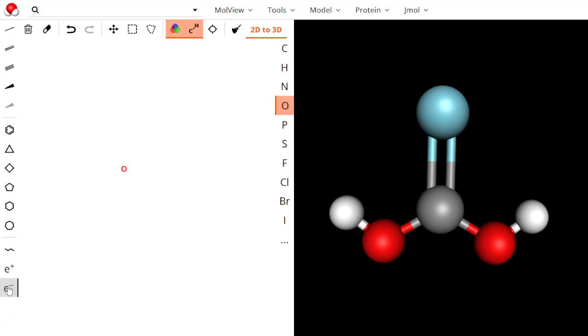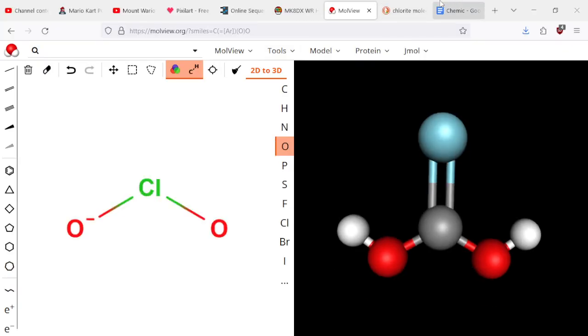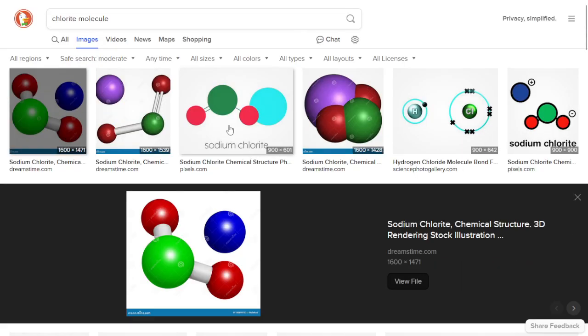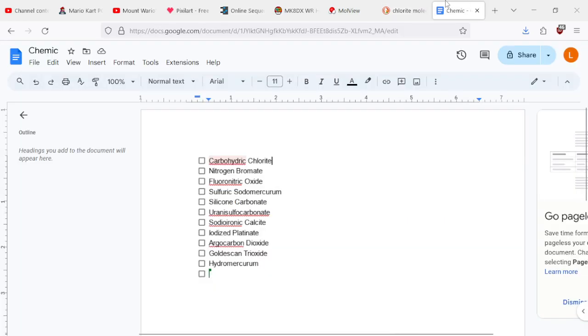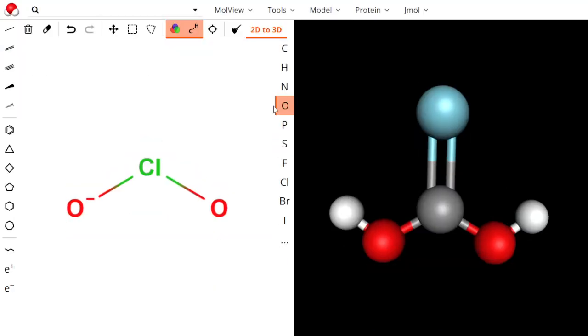I'm going to take you, negatively charge you, take the chlorine, put you here, and then have the just normal oxygen molecule. And then instead of having, like here we have sodium chlorite, so it's a sodium molecule, we're doing carbohydrate, so it's going to be two positively charged carbon and hydrogen atoms, or at least they're combined.